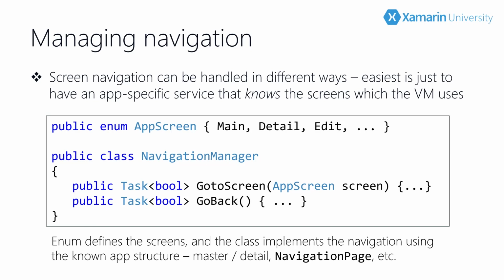The view model would get access to this service in some way, perhaps through a singleton property, through dependency injection, or through Xamarin.Forms built-in dependency service. And then the view model would invoke the APIs to move to a specific screen or to move backwards. More complete MVVM libraries and frameworks often define special attributes and high-level navigation services to make that more generic. So definitely check out the other frameworks and see how they manage navigation.